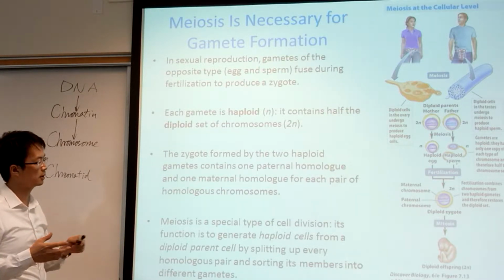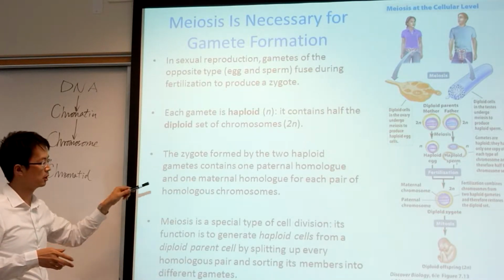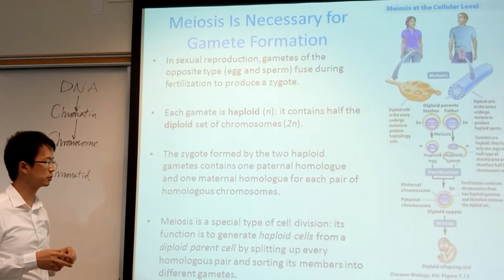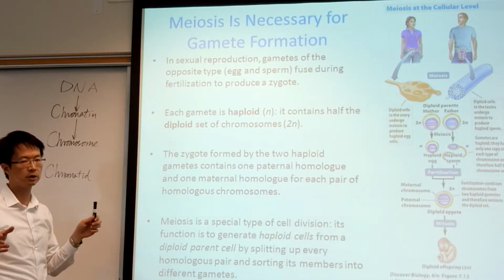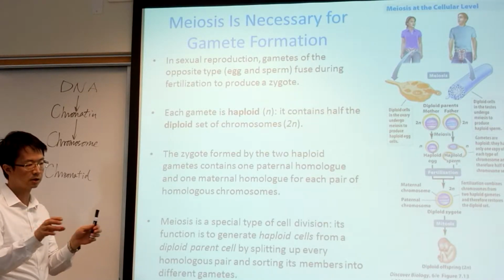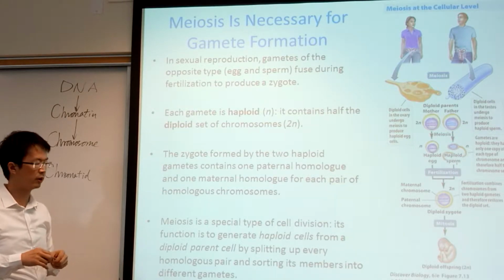The sperm contains the paternal homolog of the chromosome. The egg contains the maternal homolog of the chromosome. So by combining the maternal and paternal homolog, you get the homologous pair. That's why it becomes 2N.